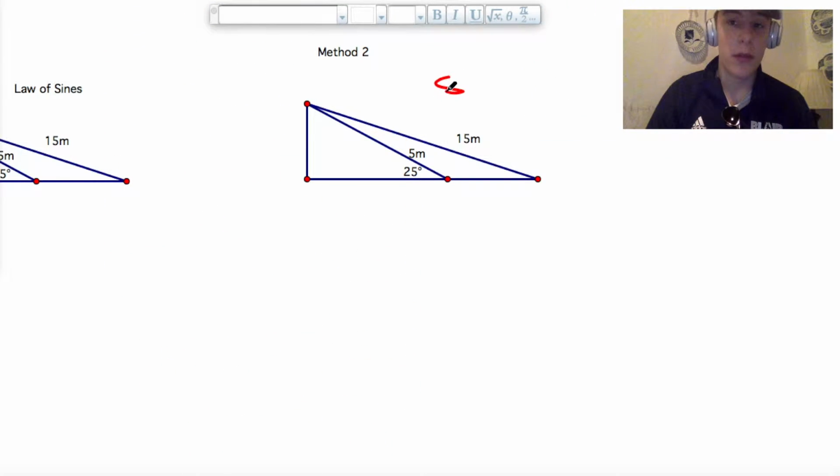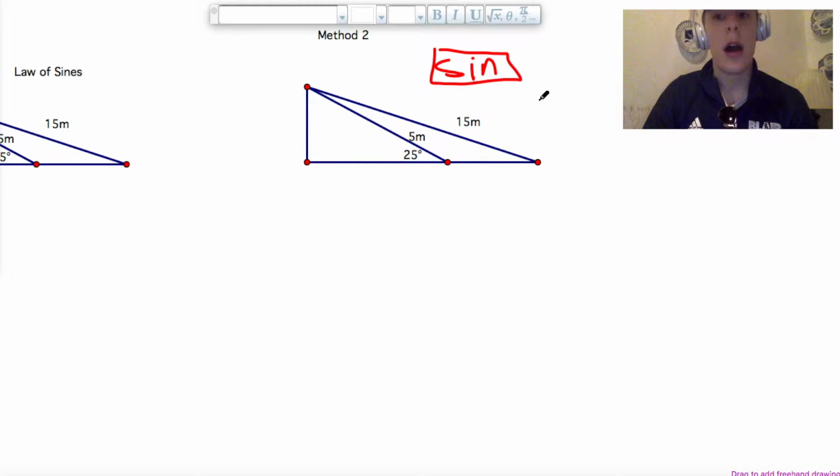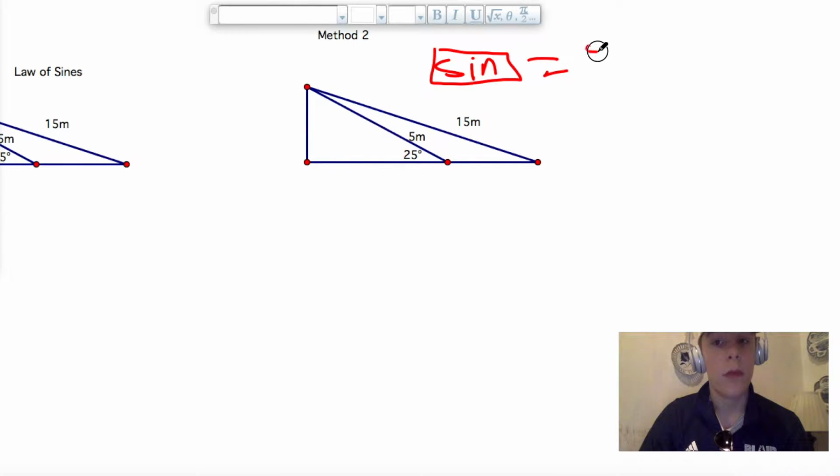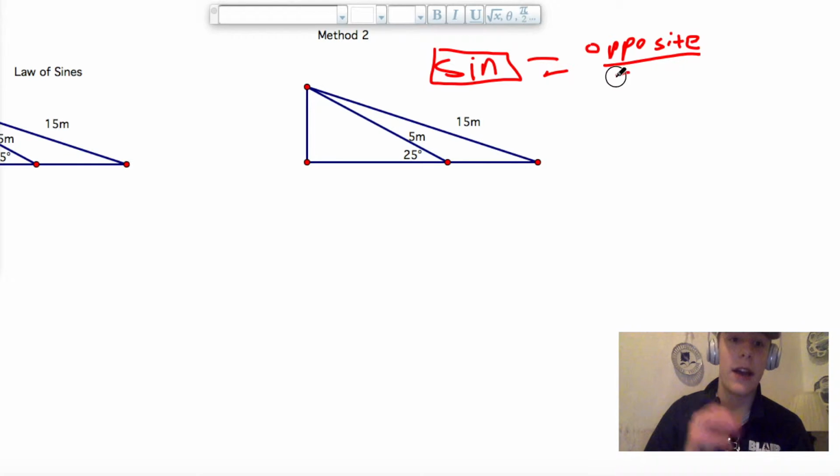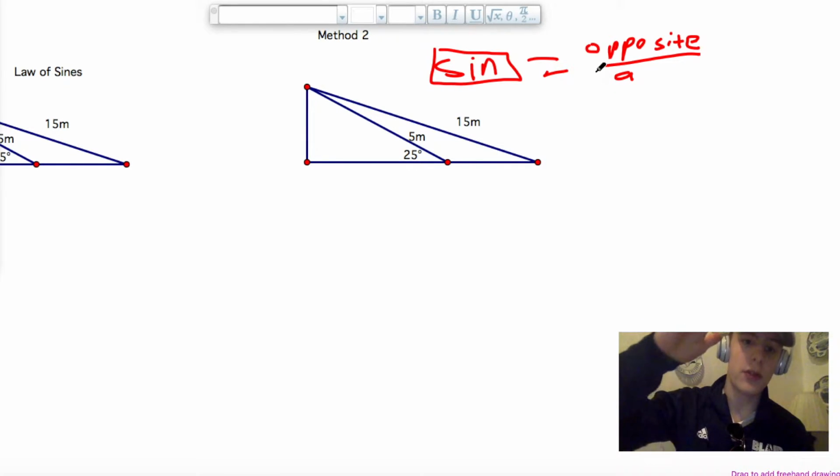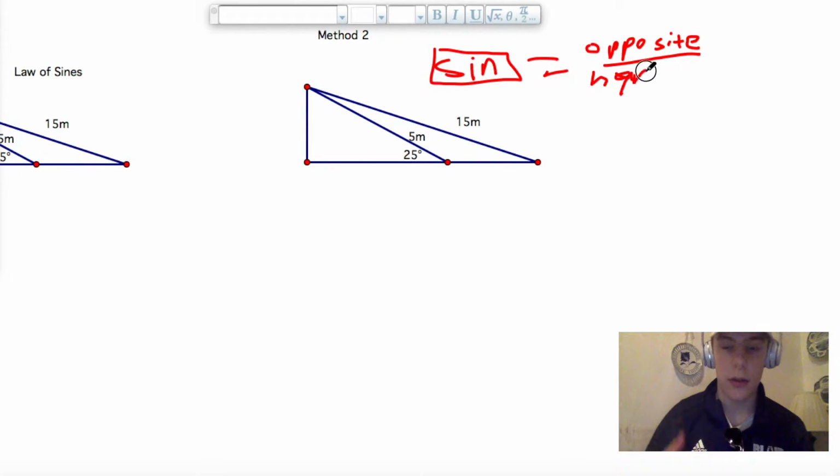So for the second method, we'll be using normal sine. Normal sine is equal to opposite over hypotenuse. So that means that the opposite side to the angle we're trying to find over the hypotenuse, or the slanted side of the triangle, the right triangle.